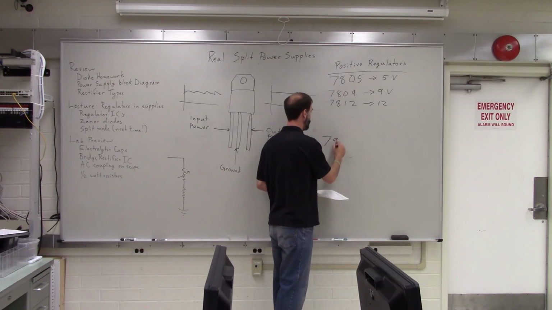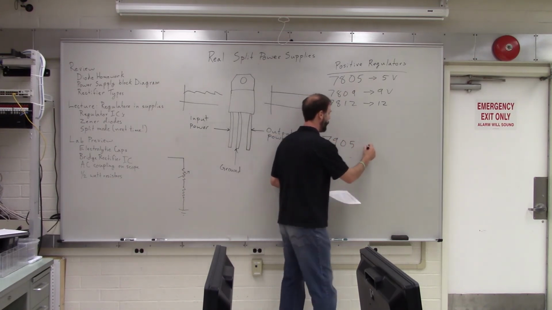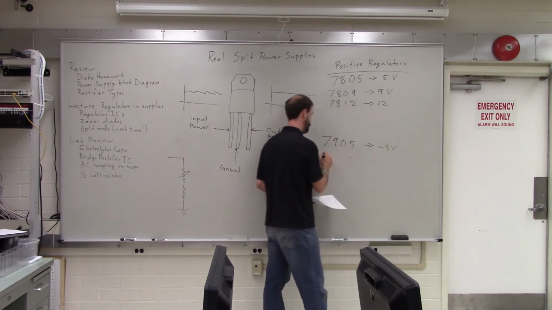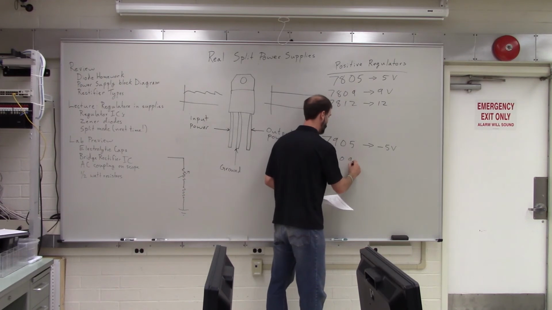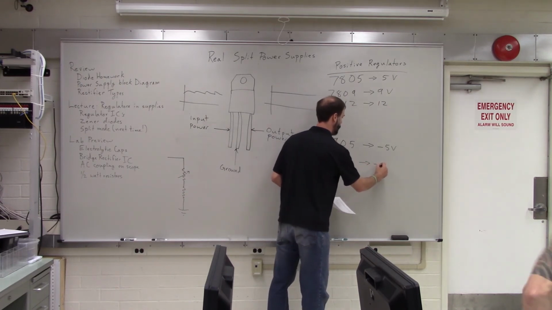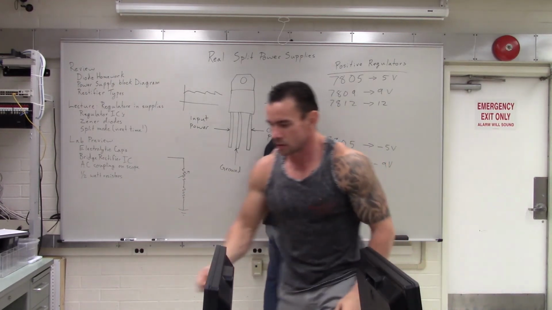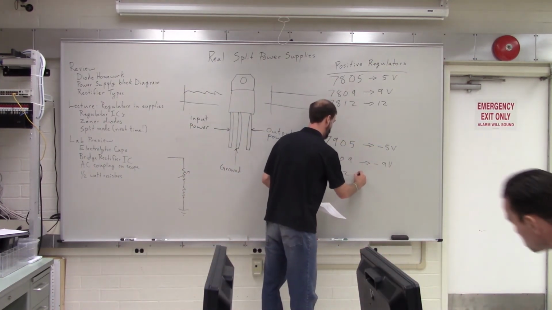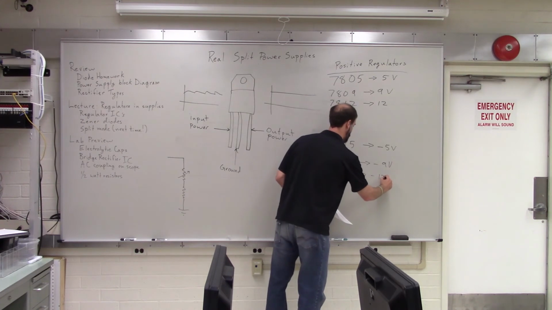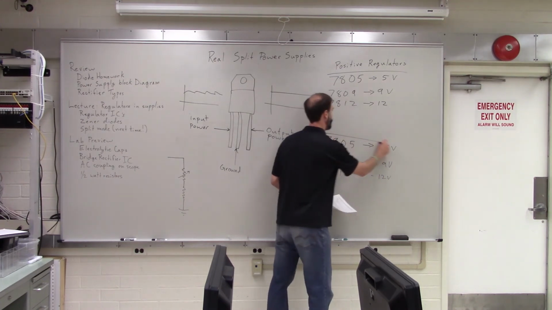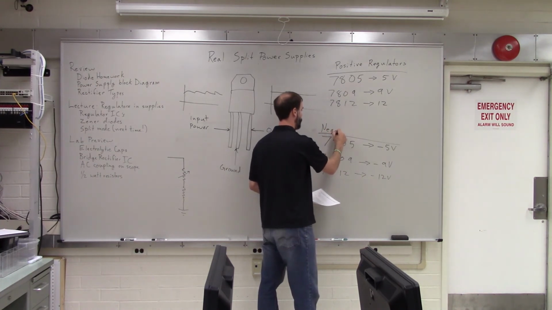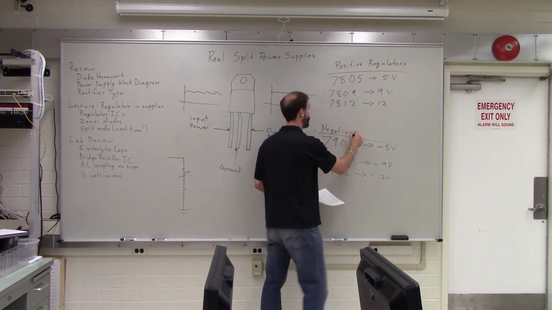So 7905 gives you negative 5 volts. 7909, what do you think you get out? Negative 9 volts, exactly. 7912 gives you negative 12 volts. So these are all 79 series are negative regulators.